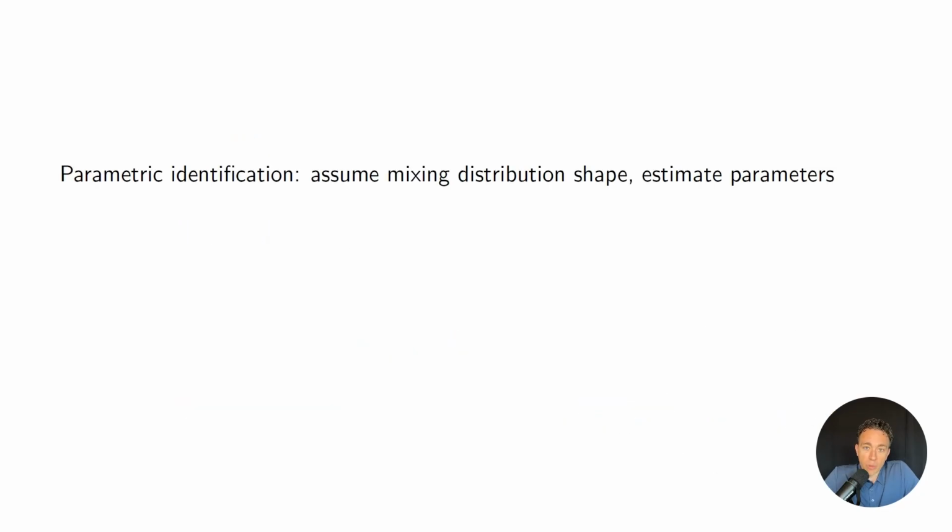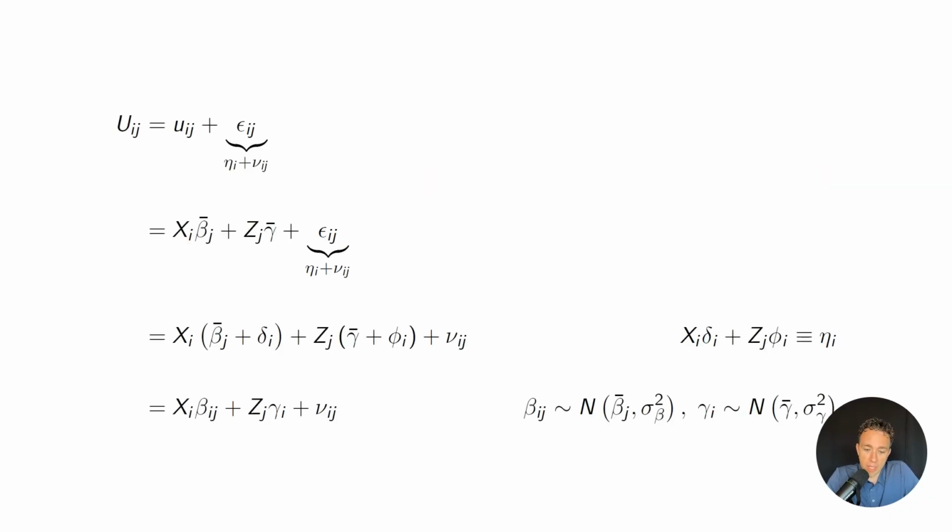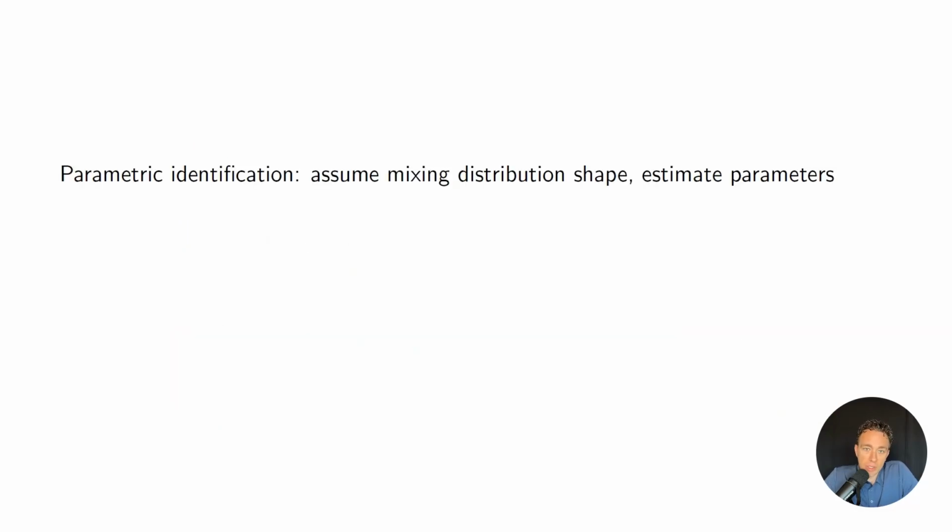So there are different ways that we can identify these parameters. The parameters that we want to estimate in this model are beta bar, sigma squared beta, gamma bar, sigma squared gamma. Those are the parameters that will tell us about substitution patterns and all that stuff. Now, we could identify this by just assuming that the distribution is actually normal in the population and then estimating the parameters accordingly.